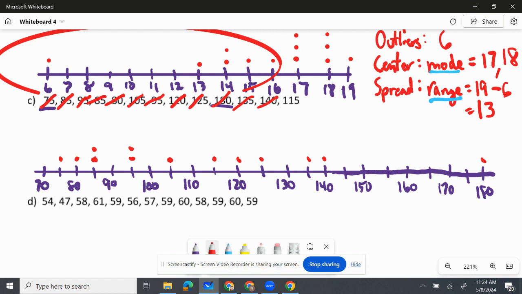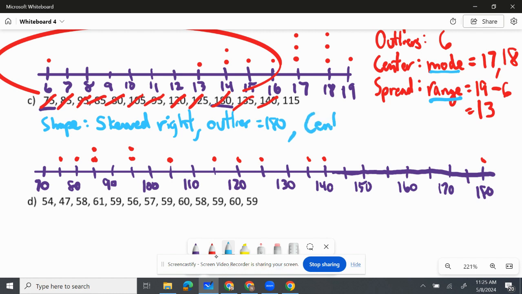So we're going to start off with our shape, and our shape is going to be skewed right because it's more spread out on the right-hand side. Our outlier would be 180. Our center would be our mode, and it's bimodal.